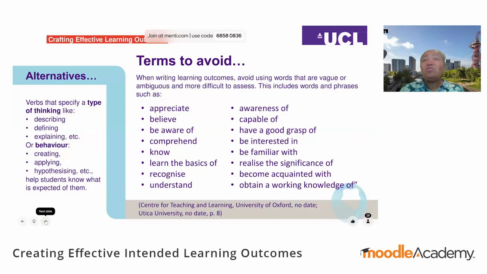So some of the things to avoid. You want to avoid words and terms that are vague or ambiguous or difficult to measure. So words like appreciate or understand are very good for objectives, because you may want to try and impart to students an understanding of something.